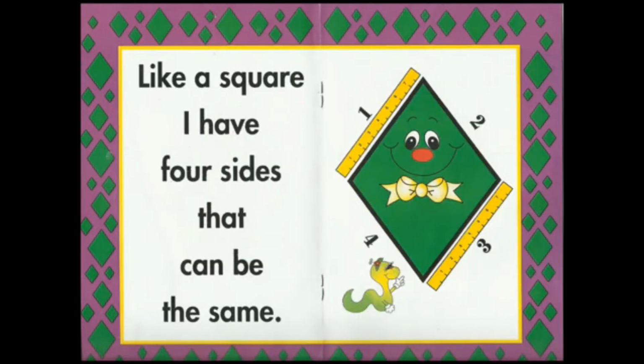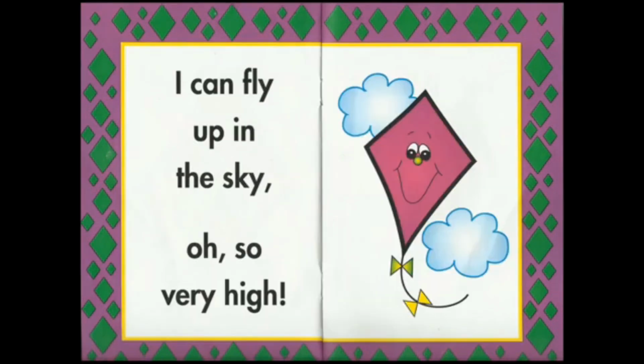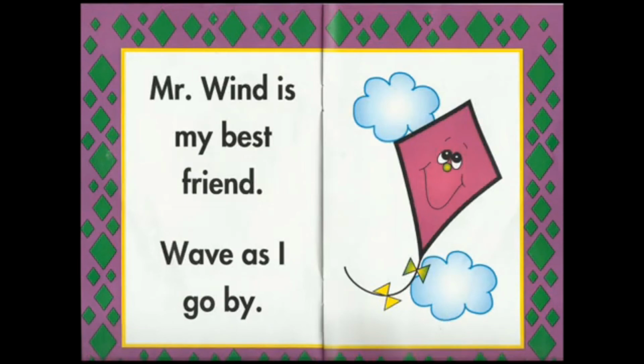Like a square, I have four sides that can be the same. I can fly up in the sky, oh so very high. Mr. Wind is my best friend, wave as I go by. It's time for you to hit a home run. Let me hear you sing it.